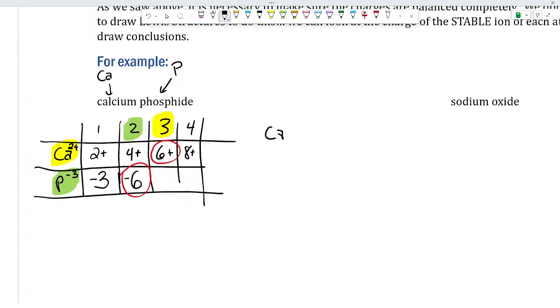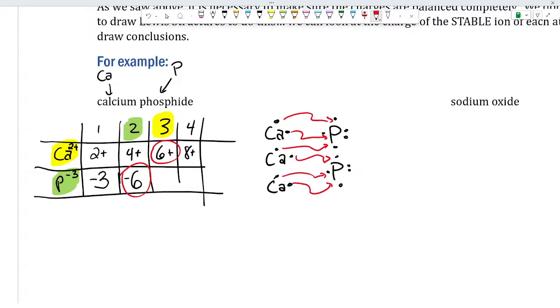If I had 3 calciums with 2 electrons each, and I draw 2 phosphoruses with 5 electrons each, because that's how many they have, that's going to work perfectly, because that electron goes there, that electron goes there, that electron goes there. This one goes here, that one goes there, that one goes there. They balance. Does that make sense?